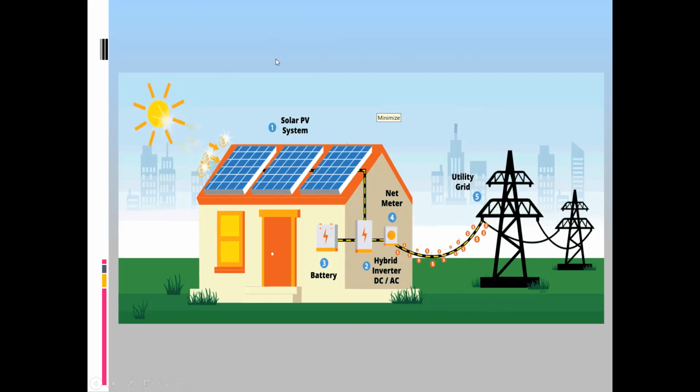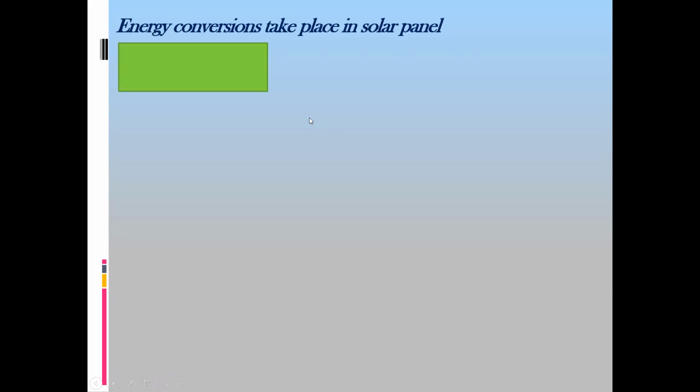So when we look at these solar cells, what are the energy conversions that take place? So first, heat and light energy. You can write light and heat both. Not only heat, not only light, it's actually both. Heat and light energy from the sun. We can also say solar energy.